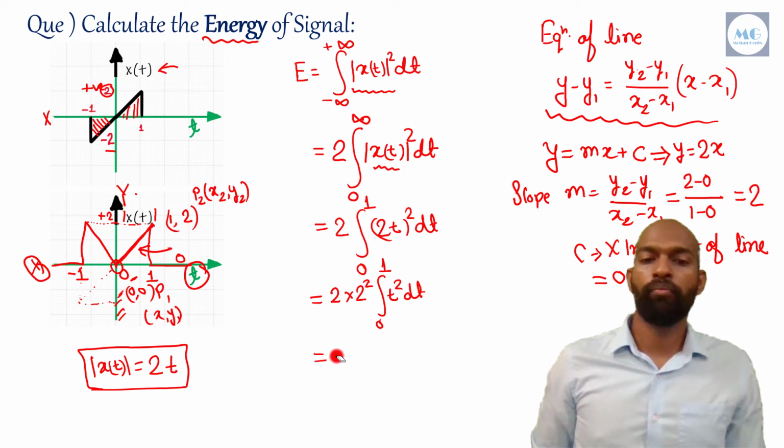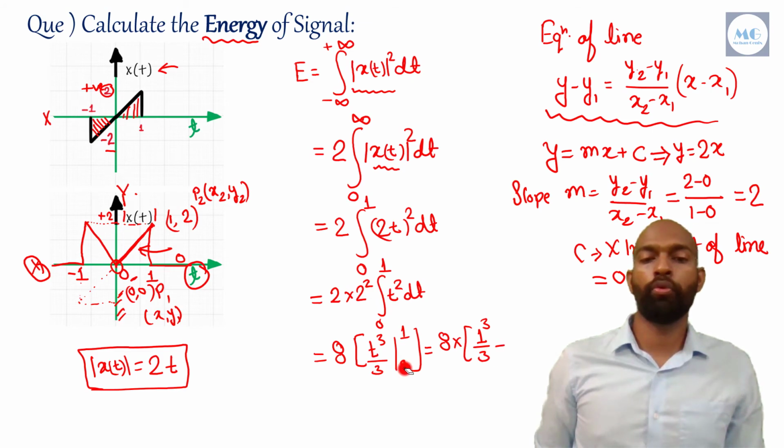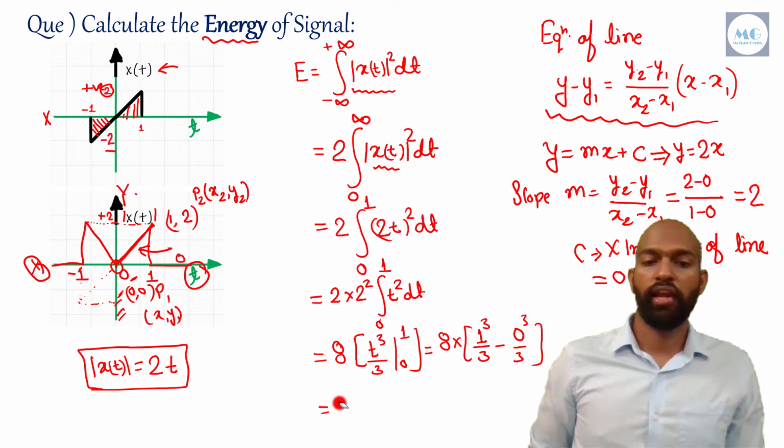It will become 8 into t cube by 3 from 0 to 1, which is equal to 8 into, first we put t equal to 1, which is 1 cube by 3, then we put t equal to 0, which is 0 cube by 3. It will become 8 by 3.